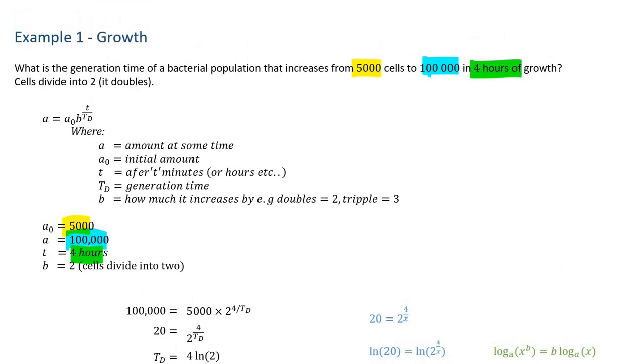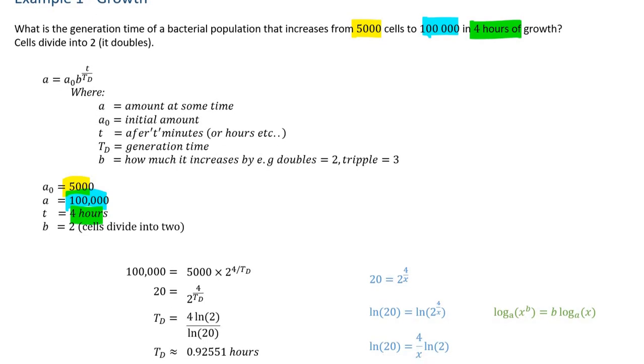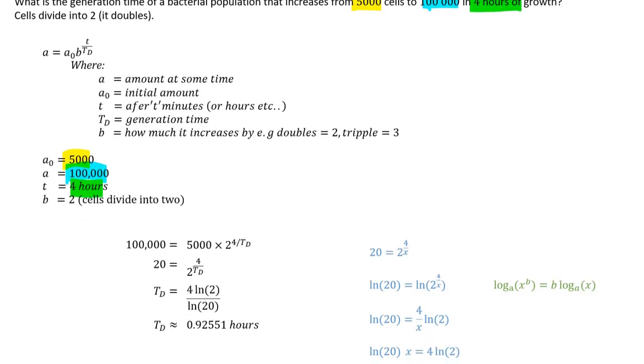So we've identified the information that we're given: the 5,000, 100,000, and 4 hours. And we can plug those into the formula. We are given that at some point in time we have 100,000 cells.